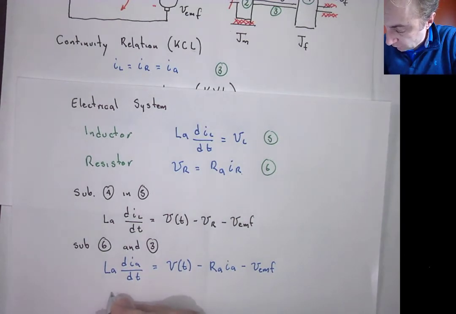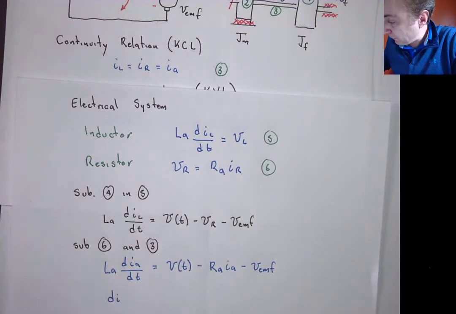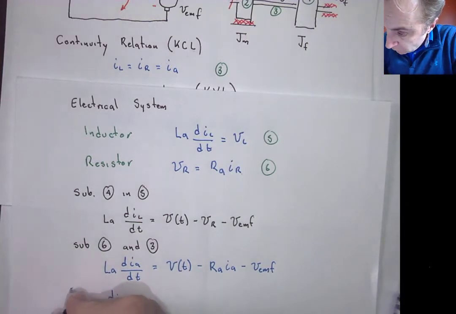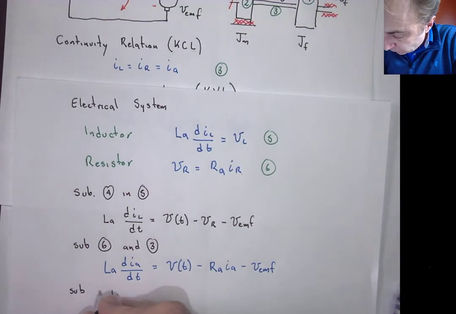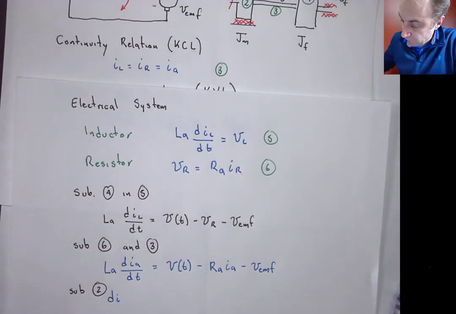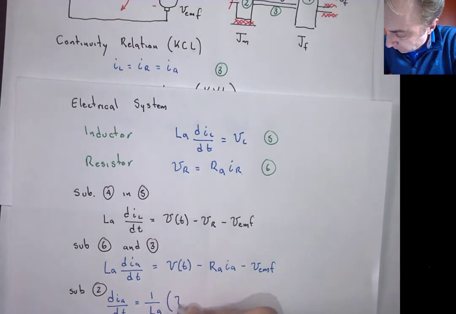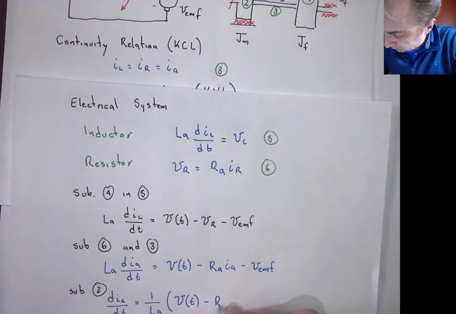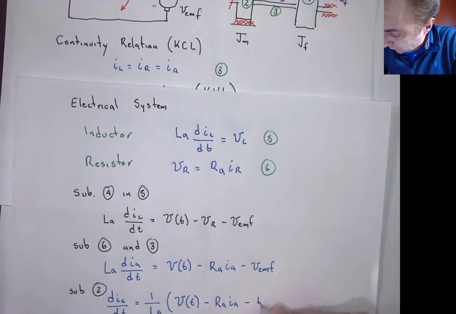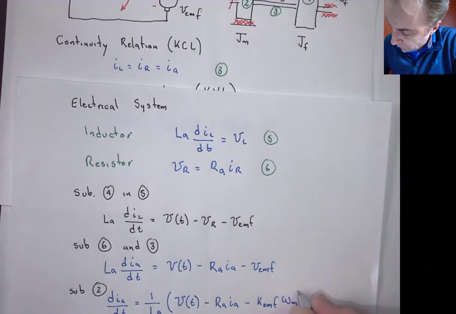We can just do the substitution, which is equation 2. It's going to be 1 over LA that multiplies, and now that is KEMF times omega m.